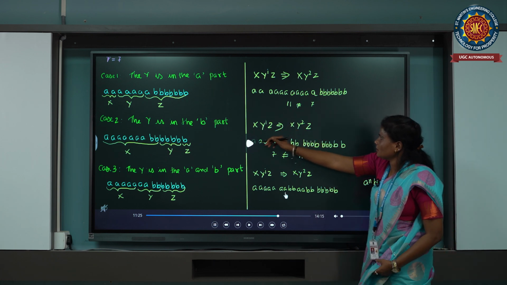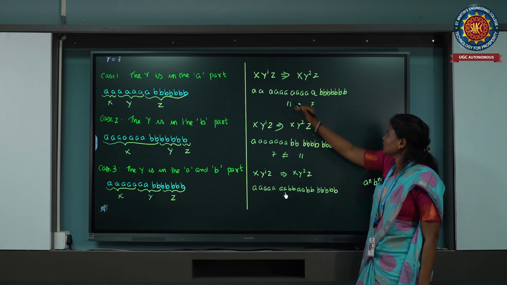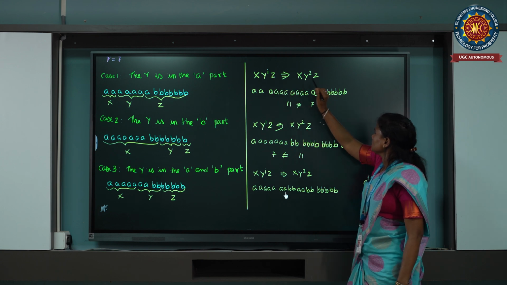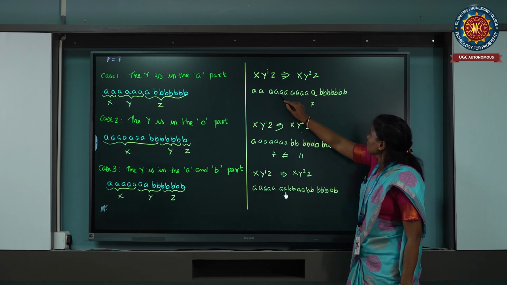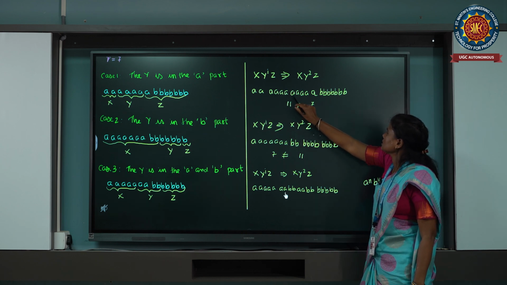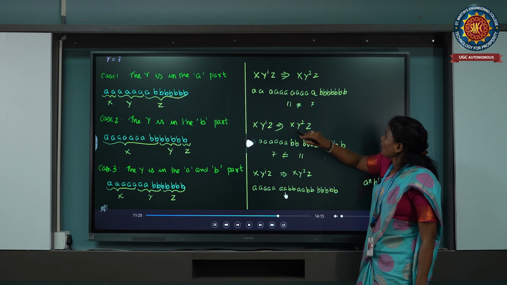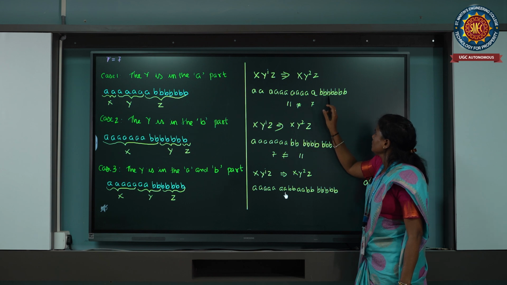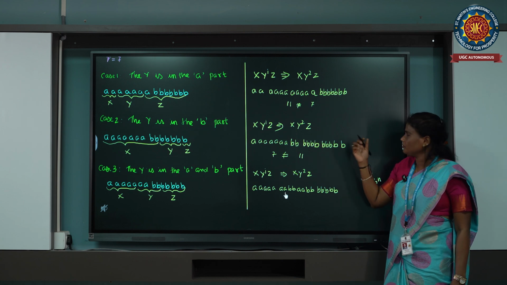So these are the cases we took. After that, putting the first condition, that is x y to the power i z, where i's value is 2, the y value will be doubled. So this is 11 A's and 7 B's, and 11 is not equal to 7. In our language, the number of A's is followed by the same number of B's.